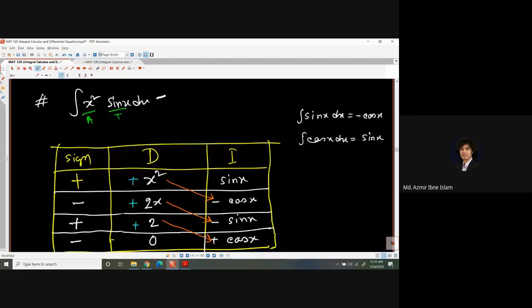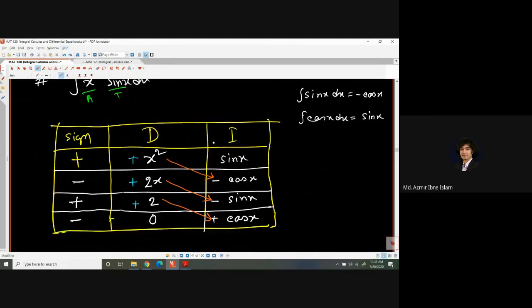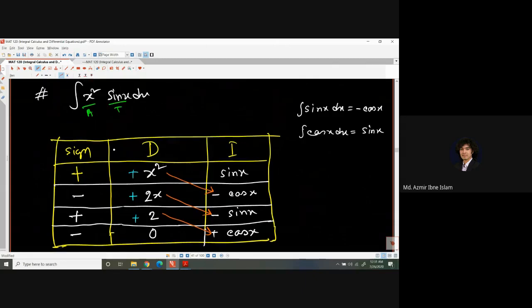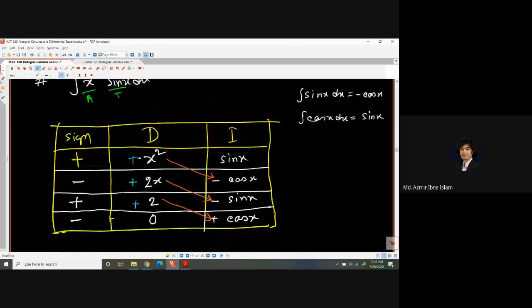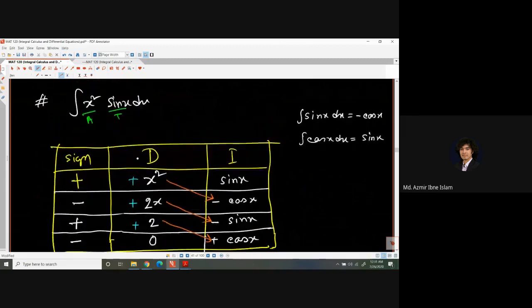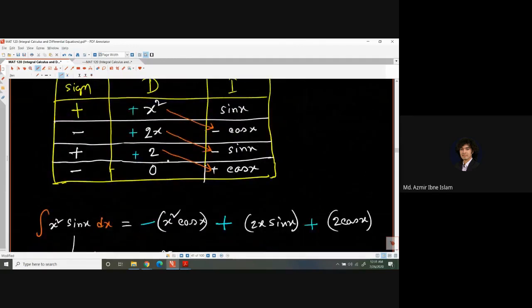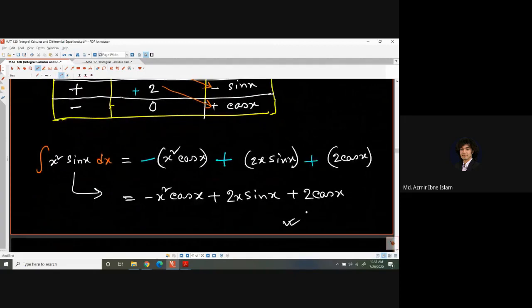If you solve the same problem by integration by parts, things will be very lengthy because you have to integrate several times. So instead of integration by parts, the tabular method helps us get the answer quickly.